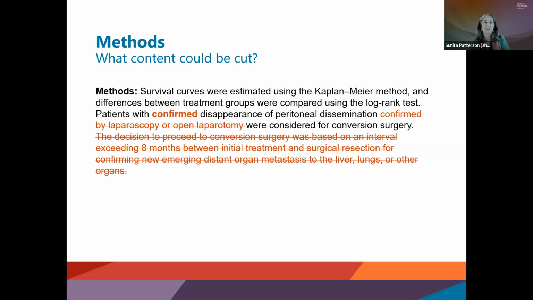And then we decided that when patients went on to conversion surgery, meaning surgery after the chemotherapy, if they responded to chemotherapy, they might go on to surgery. So we decided those criteria were not necessary for the abstract.